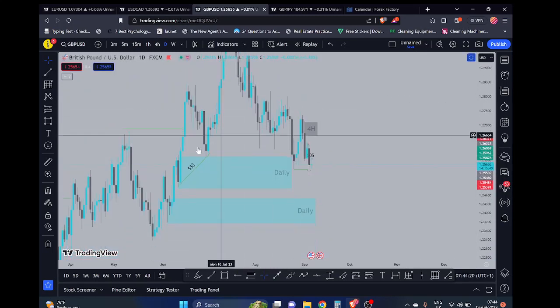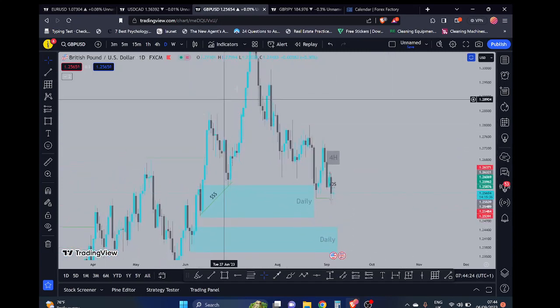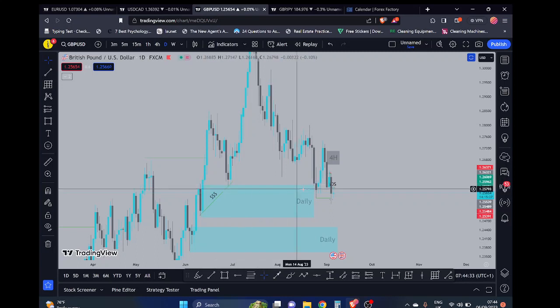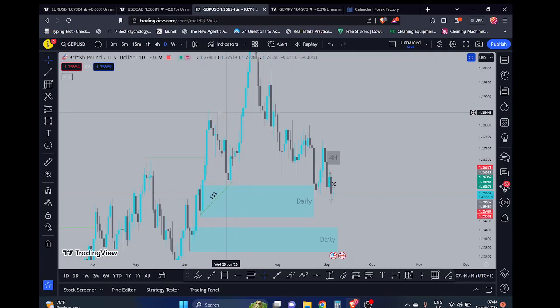And so what I marked out here was, after this break of structure, we are actually expecting a pullback, right? And you can see this already closed below. If you draw a line here, you can see there's already a close, because most people may be taking this as a retracement, and most people may be counting this as a break of structure.